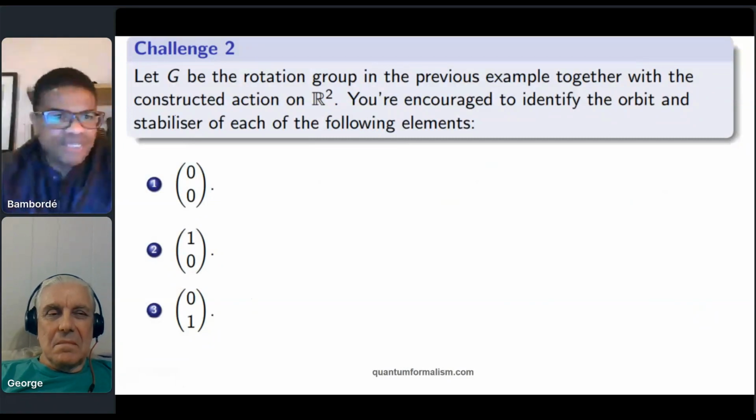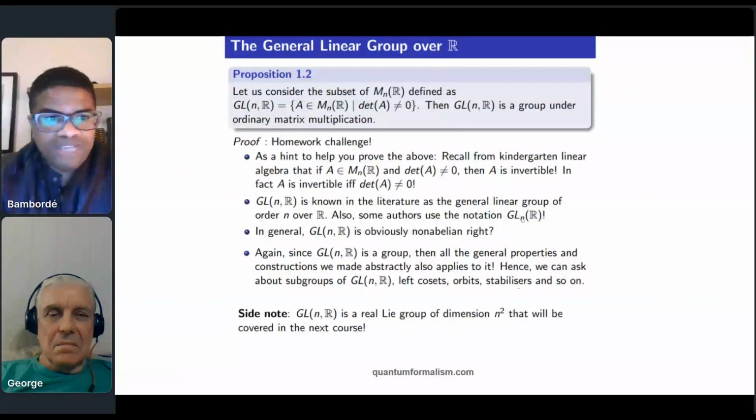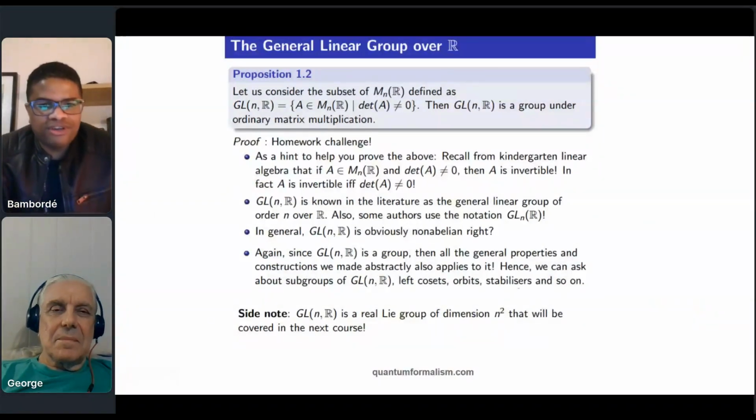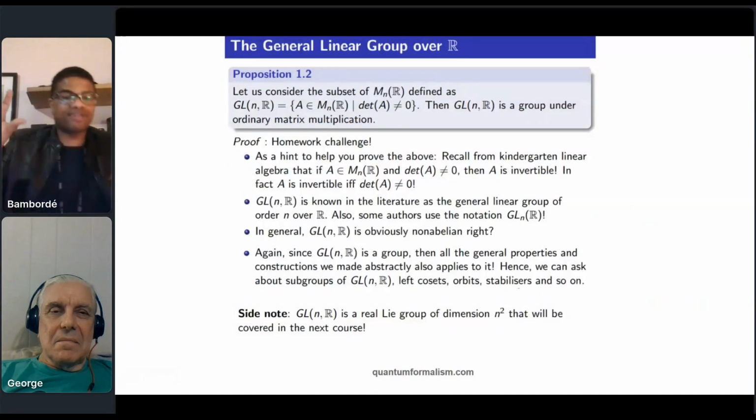As I said, I keep the tradition that anytime we go to a new topic, we start very easy. And now we define the general linear group of a vector space. Now we are defining the general linear group over the reals, over the field of reals. Notice the difference in terminology.